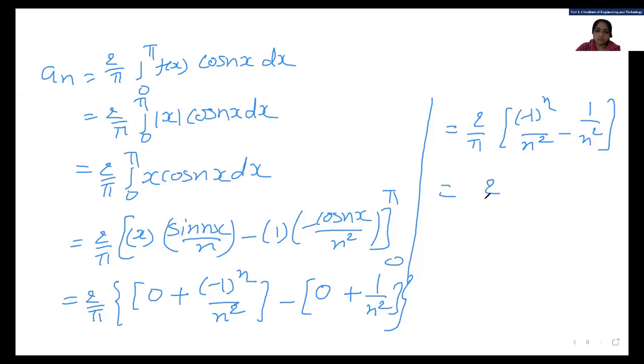So here 2 upon pi n square, the remaining term is minus 1 raised to n minus 1. So this is the value of an. So for the Fourier series, f of x is equal to a0 by 2 plus summation n 1 to infinity an cos nx. And the value of a0 is pi.